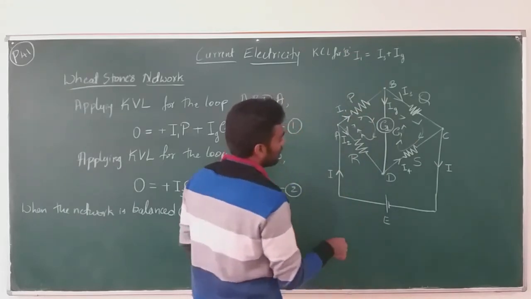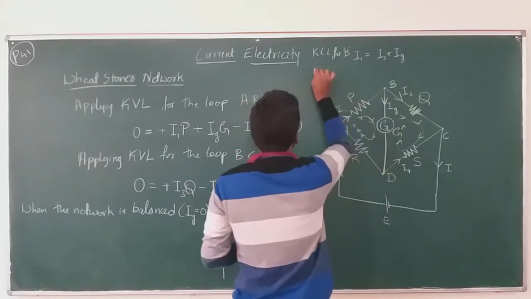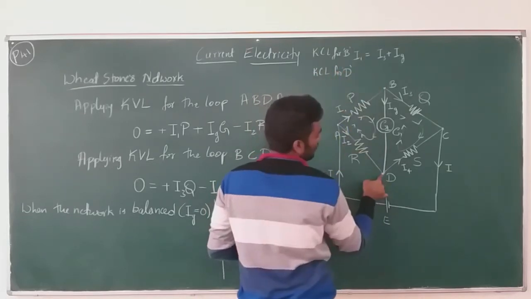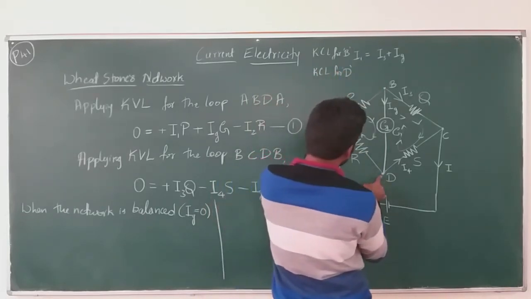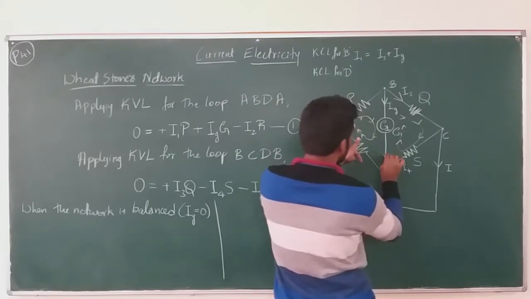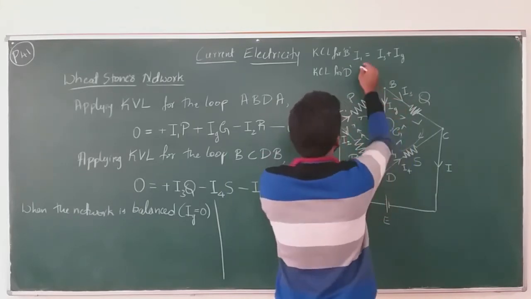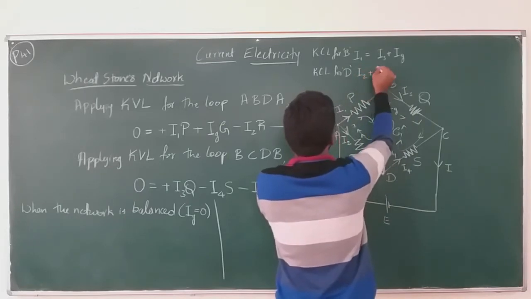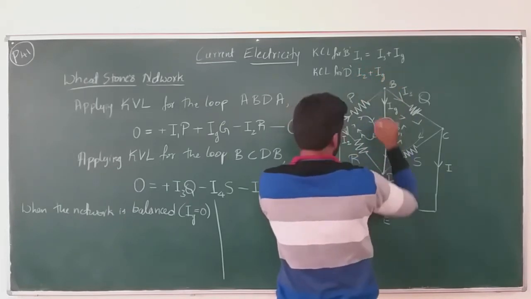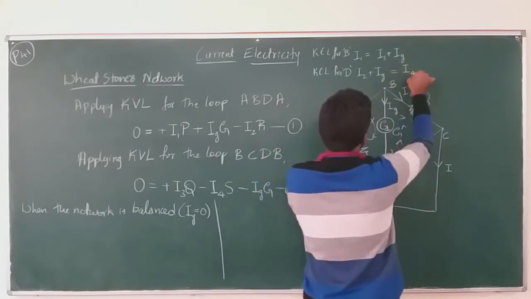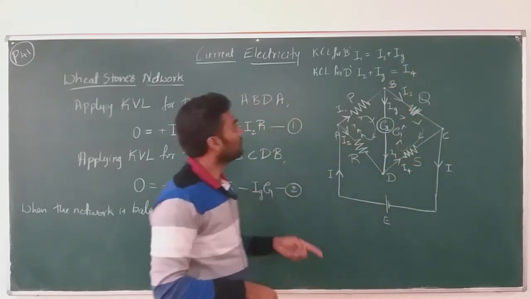And similarly, when I apply KCL for point D, look at this. What is the total current entering? It is I2. Ig is also coming, right? I2 plus Ig is the current entering, right? And I4 is the total current leaving, right?